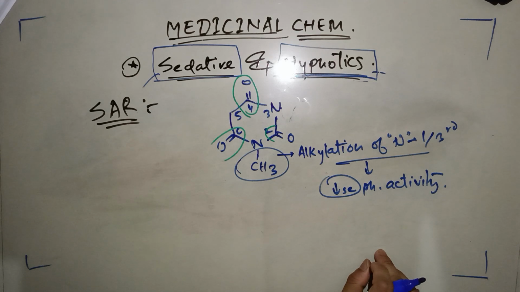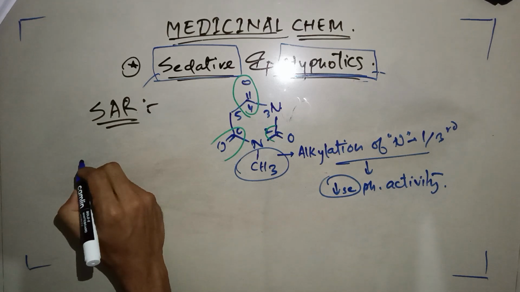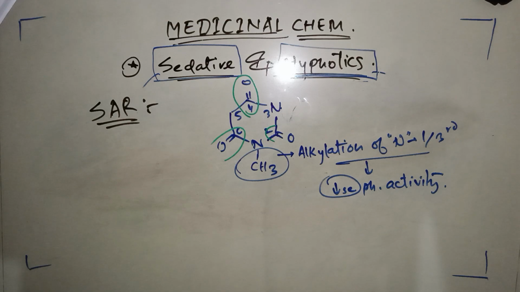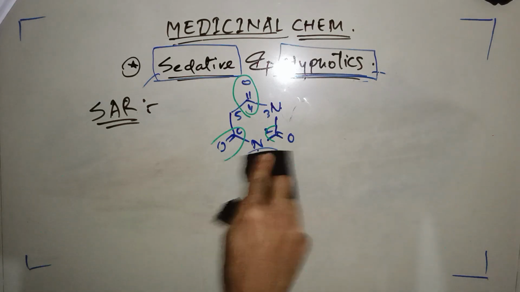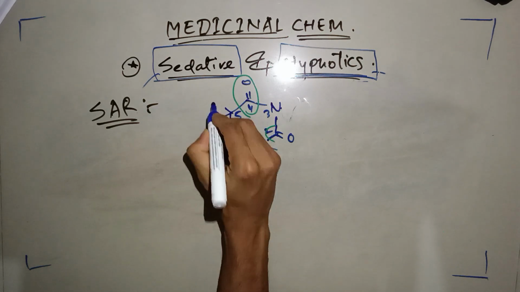Okay. For example, what we have studied in the SAR, once you check the structure of phenobarbital and mephobarbital, remember, phenobarbital is always more potent than mephobarbital. The third change that can take place is the modification at fifth position only. So let's see the fifth position. In the fifth position, two hydrogens are there.